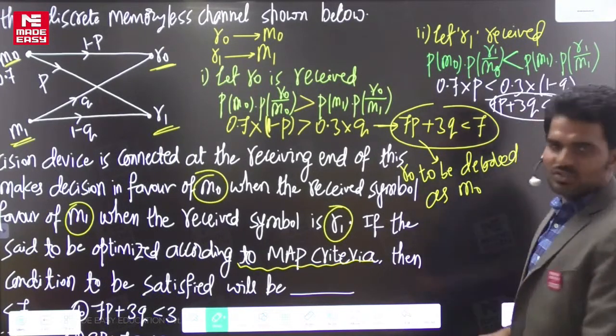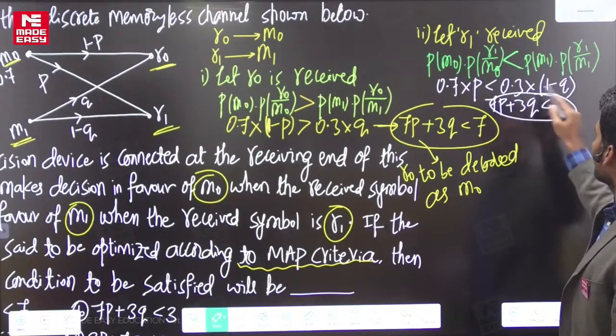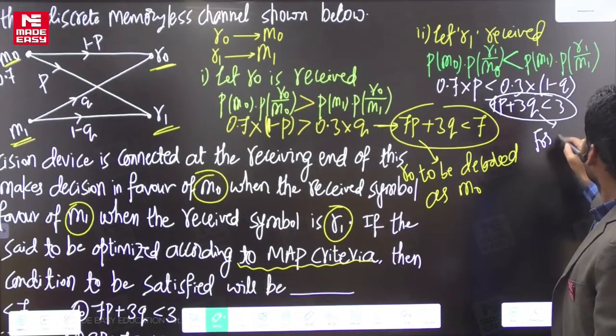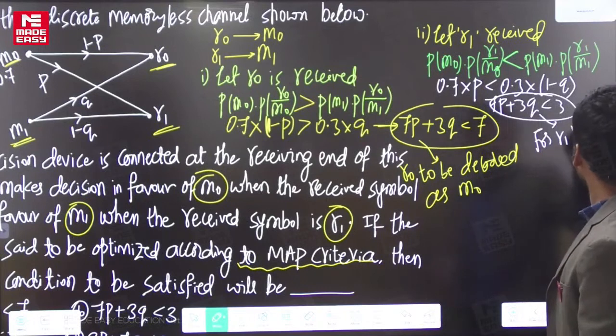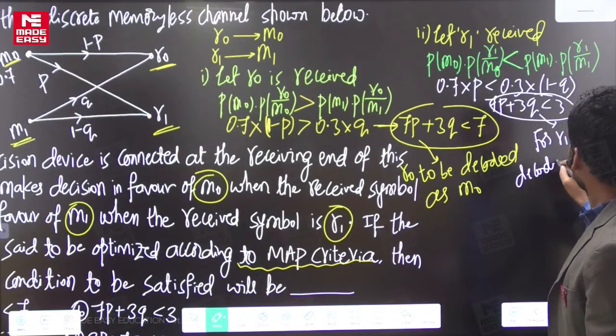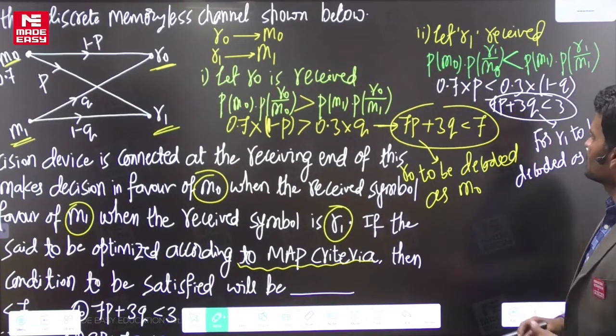This is the condition to be satisfied for R1 to be decoded as M1.